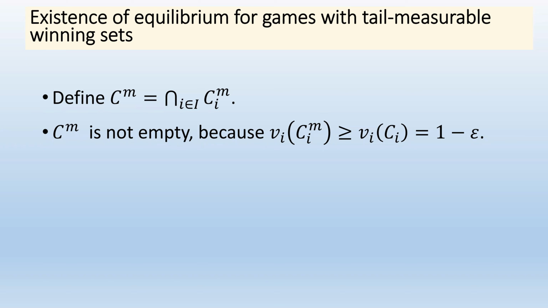If player I says, I still have some continuation that allows me to get into Ci, if I'm able to choose the continuation I can guarantee that I get into Ci, I'm not completely lost. There is still some future where I see myself in Ci. If this is true, then we are still in CIM. CIM are all the M-period beginnings where player I can still get into Ci, where there is some continuation that leads us into Ci.